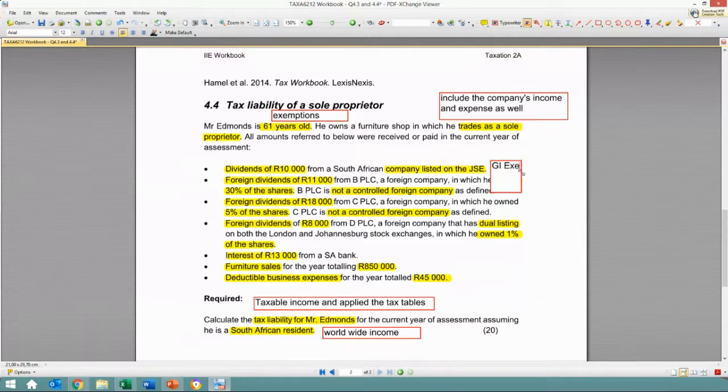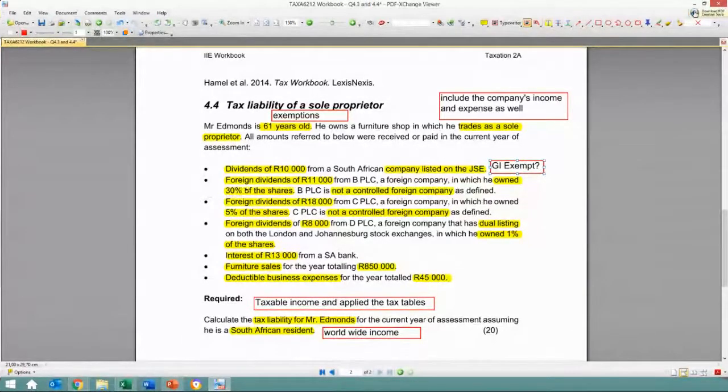So this is where you need to actually go study to know if this will be exempt or not. Now that is where you had to remember the 4 items. If it's one of those 4 items, it would not have been exempt. Now generally a dividend from a company listed on the JSE would be exempt. You would put it in gross income and then you would put it in exempt income.